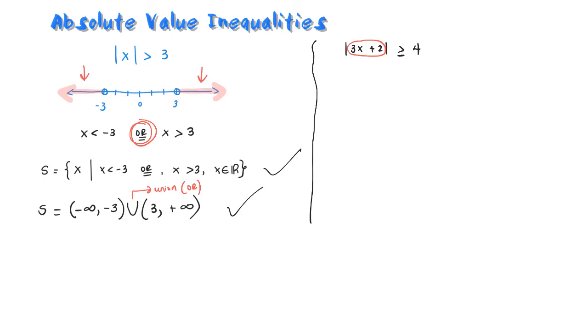This is telling me that the stuff inside has to be at least 4 units away from 0. So that means that 3x plus 2 has to be greater or equal than 4, or 3x plus 2 has to be less or equal than -4. So quickly here on the number line, here we have 0, 1, 2, 3, and 4.